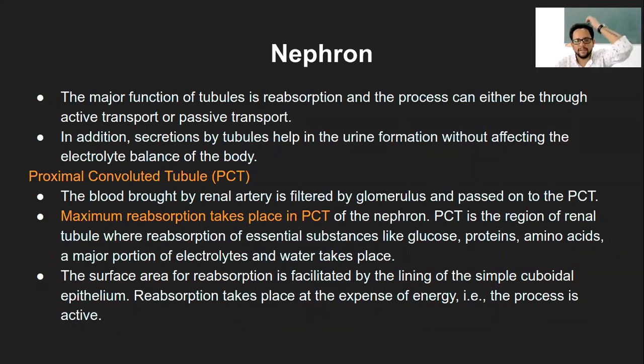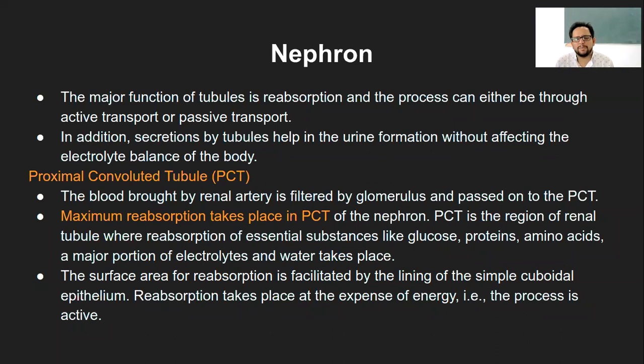So whenever there is quite a lot of excess of, let's say, glucose or salts and so on, or a higher amount of electrolytes or a particular compound, if it is too much within the blood, that has to be secreted out in the urine, and that particular function is known as secretion of the tubules.